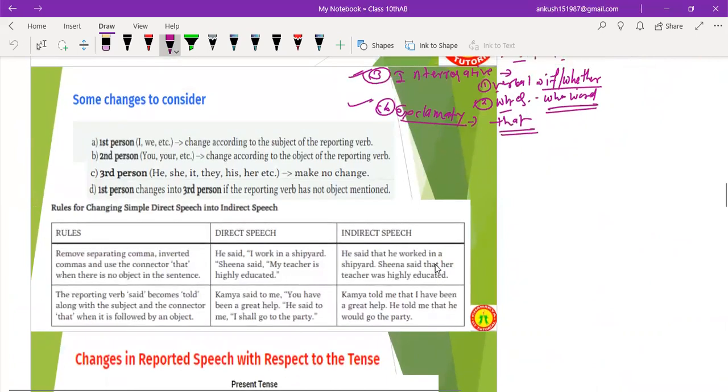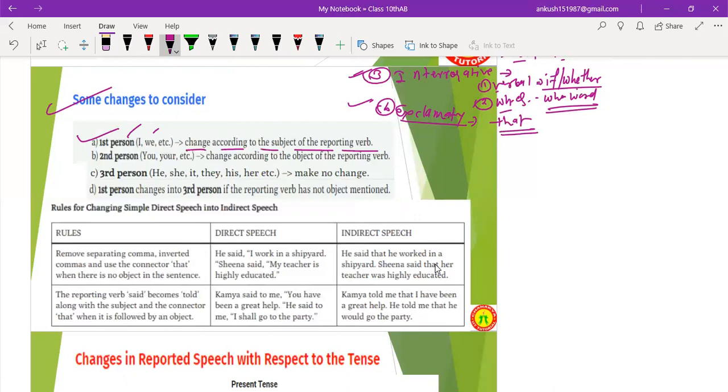Let us understand some other changes to be considered here. What are these? These are how first person is used. We have two first persons, I for singular and we for plural. So change according to the subject of the reporting verb.